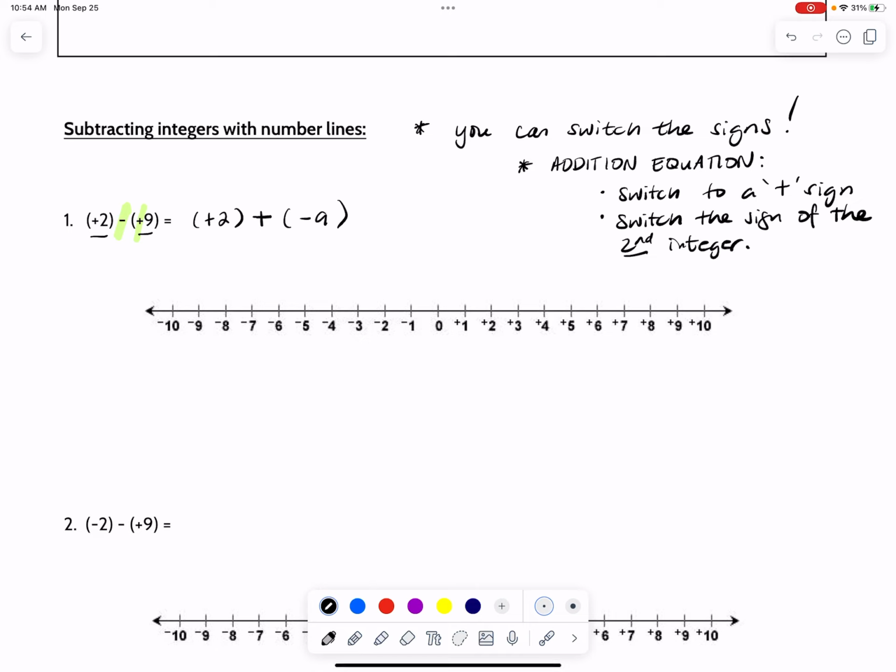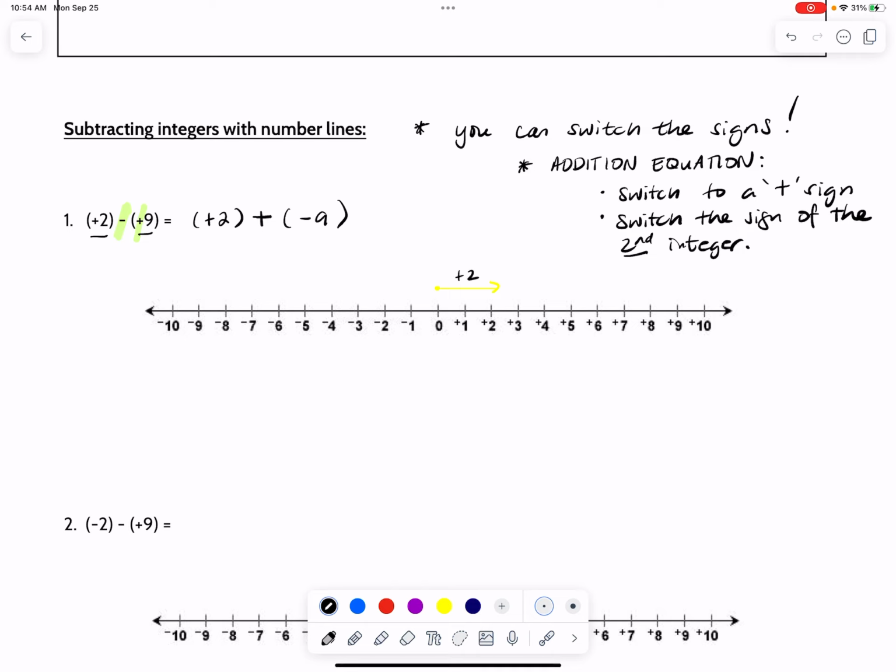Now you just show your work as follows, like what we did with adding with a number line. So positive 2 plus negative 9. You're going to start off with positive 2. So I'm going to go from 0 to positive 2 right here, and I'm going to write down positive 2 there.